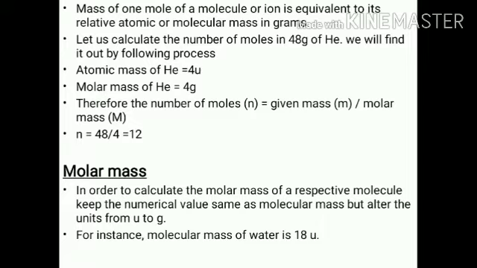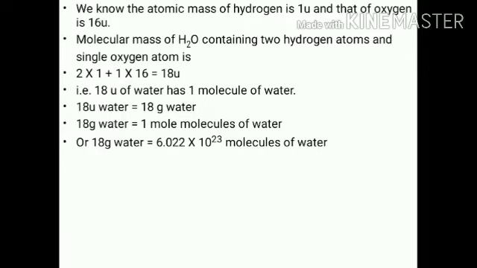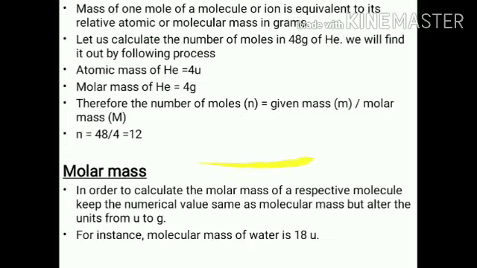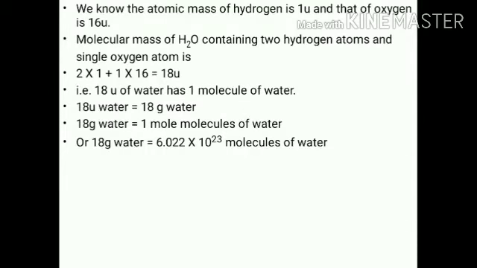The simple difference between molecular mass and molar mass is that the unit of molecular mass is u and the unit of molar mass is g. So the molar mass of water is 18, and 18 gram of water contains 6.022 into 10 to the power 23 molecules.